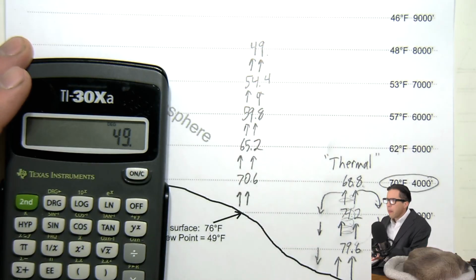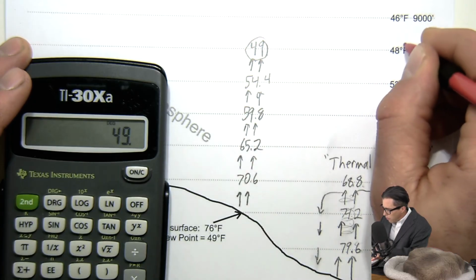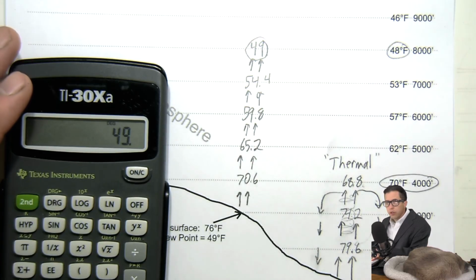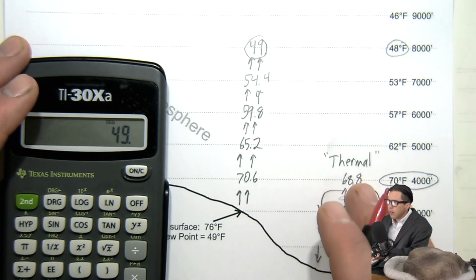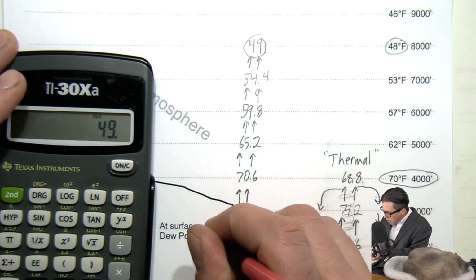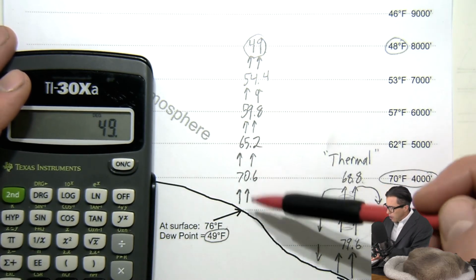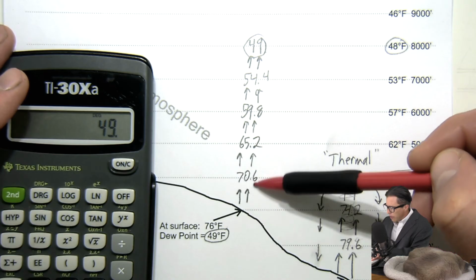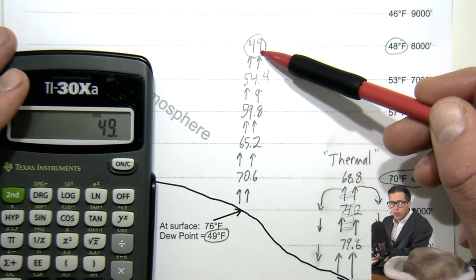49. Now, at this point, 49 is warmer than 48, so we know it's going to rise, but there's something else that's going to happen, because it turns out the dew point was 49. So our little air parcel that has been rising and rising has finally cooled until it hits the dew point.